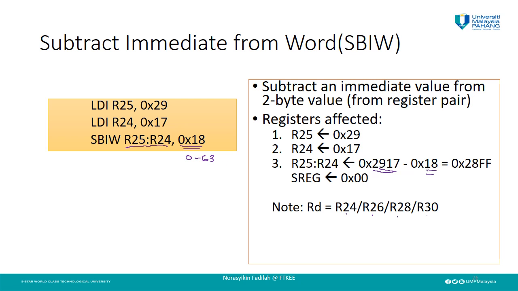After this instruction is executed, the result will be stored back inside the registers of R25 and R24. R25 will hold the higher byte result and R24 will hold the lower byte result. And then the status register will be updated depending on the result.